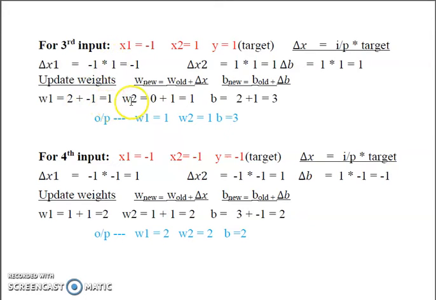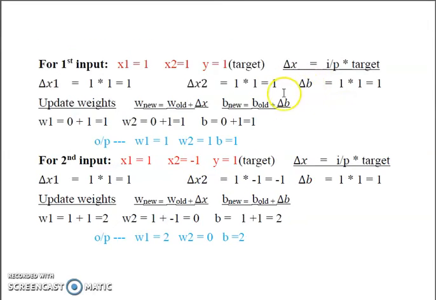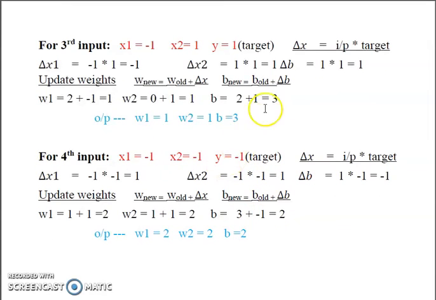When you come to W2, the old weight was 0, so 0 plus 1 is equal to 1. When you come to B, the old value of B is 2, so 2 plus 1 is 3. So the updated weights are W1 is equal to 1, W2 is equal to 1, and B is equal to 3.